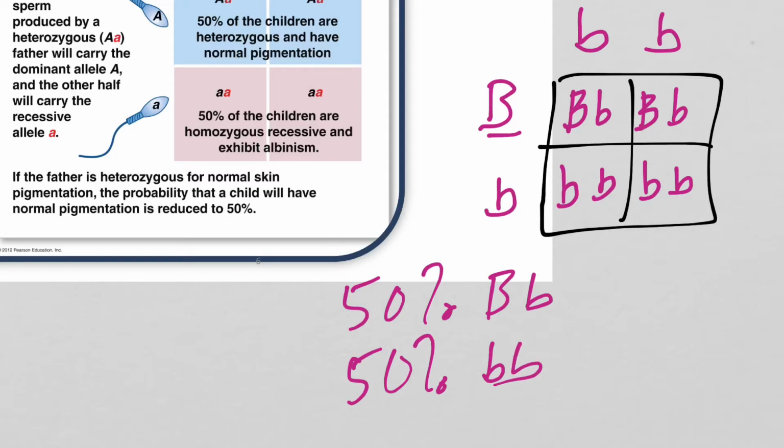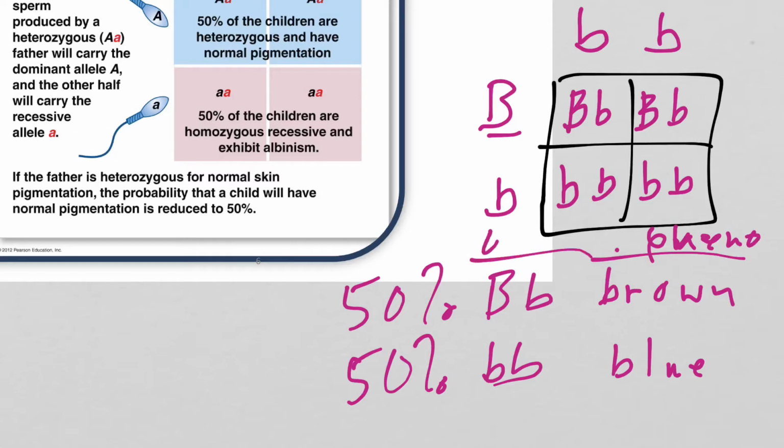So the phenotypes, we have a 50% chance of brown eyes and a 50% chance of blue eyes. Remember, the phenotype is the trait, and the genotype is the genes, the letters.